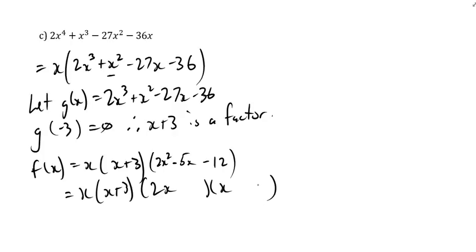So the difference of 5, 8, and 3 is going to give me that. So I'm going to get 4 and 3. So that's going to be 2 times negative 4 is negative 8, and positive 3 times x is positive 3. Negative 8 plus 3 is negative 5.